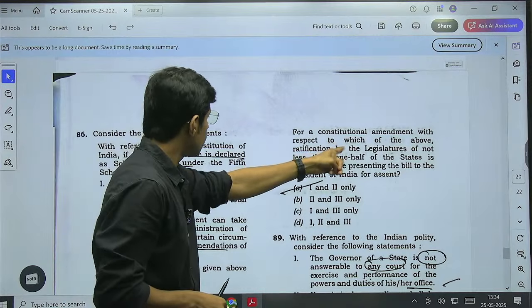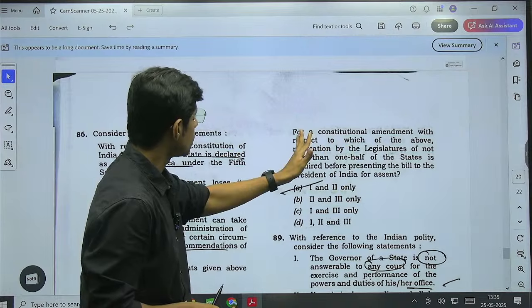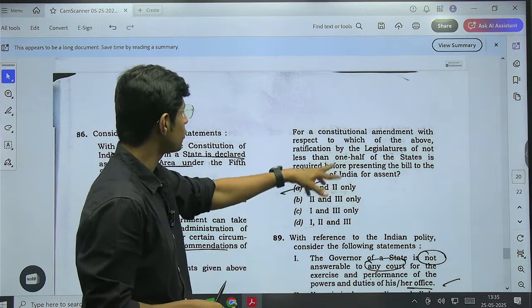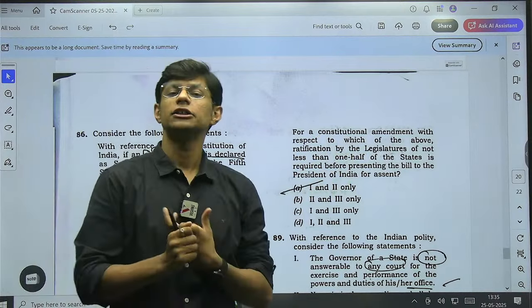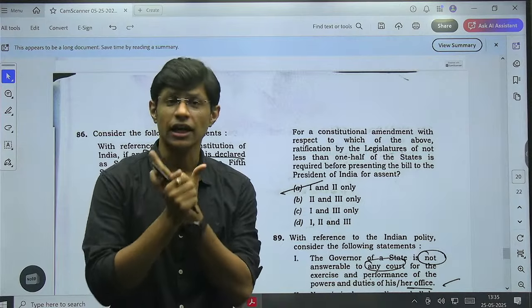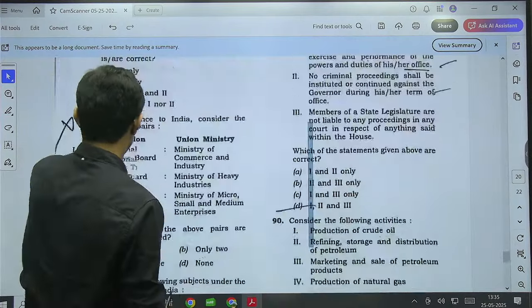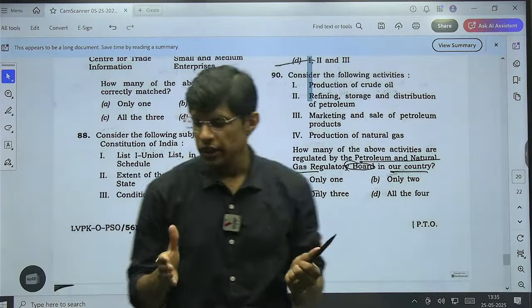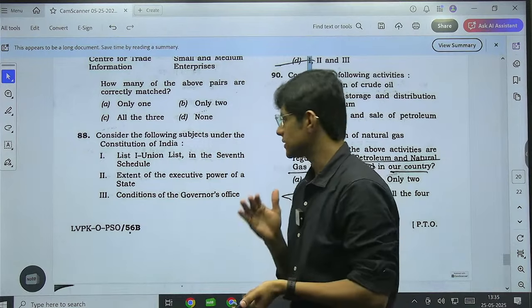Which of the above requires ratification by the legislatures of not less than 1/2 of the states before presenting the bill to the president? Which means this talks about special majority with the ratification of half of the states. Now see, Union List, which means it talks about the distribution of legislative powers between the center and the states.